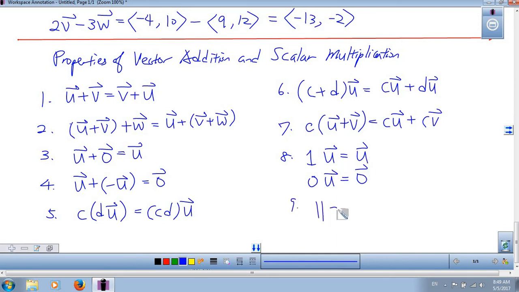And the magnitude of c times vector v would be the absolute value of c times the magnitude of v. We'll be using these properties in the lessons to come. In the next lesson, we'll talk a bit more about vectors, like unit vectors and directional angles, and carry on the discussion.